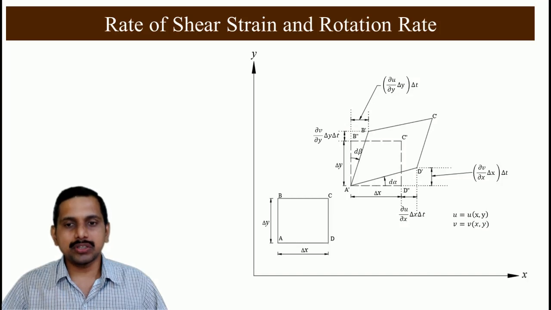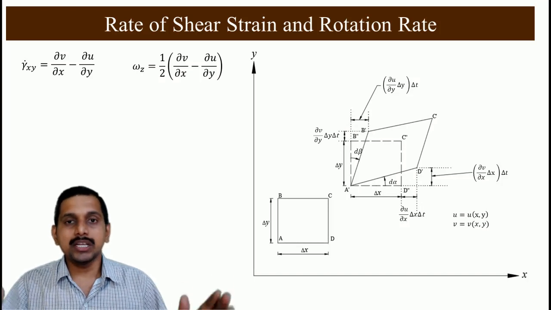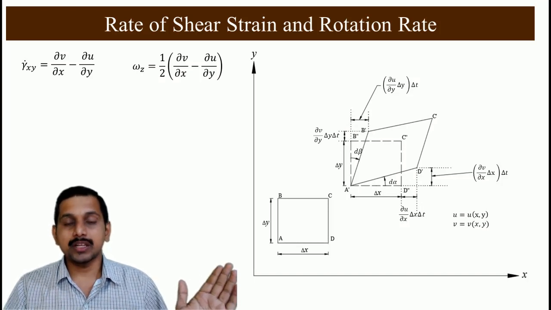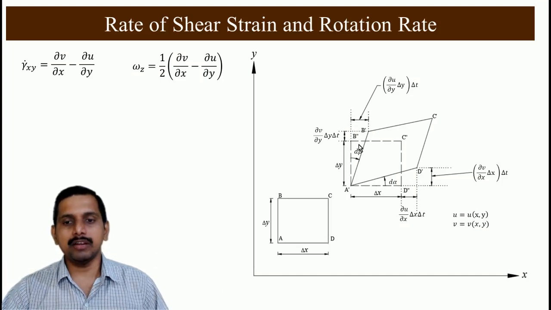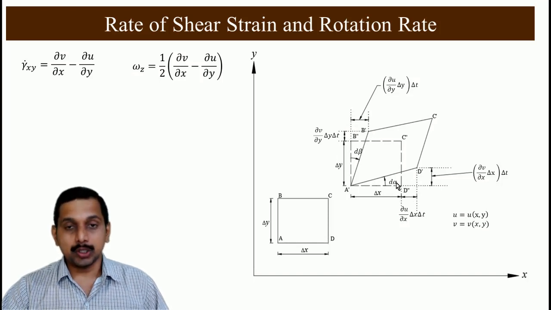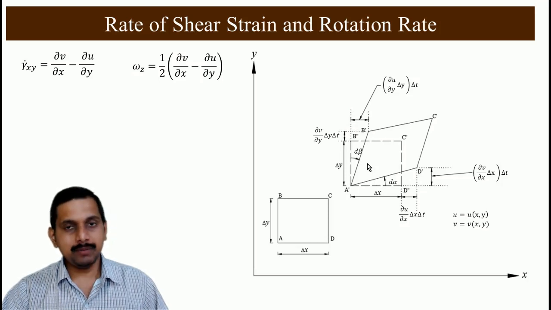Here we have seen the rate of shear strain. Shear strain is about the rate at which the angular deformation happens. In the figure shown here, dα and dβ are the angular deformations, and the total angular deformation is dα plus dβ.